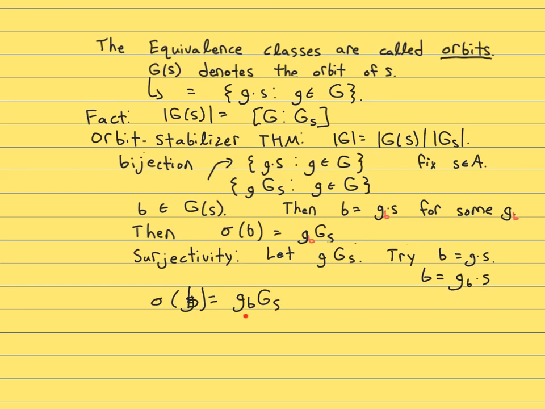What we can't assume here is that this g sub B and this g are the same a priori. The reason why we can't assume that is because we picked this g a long time ago when we defined this function, and we're only considering this coset now.